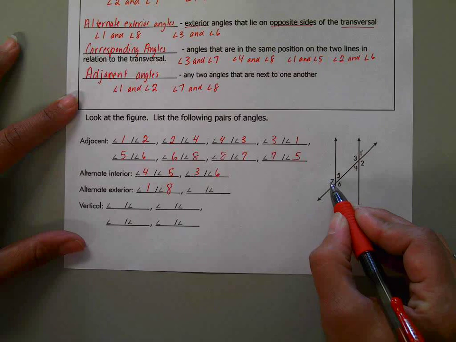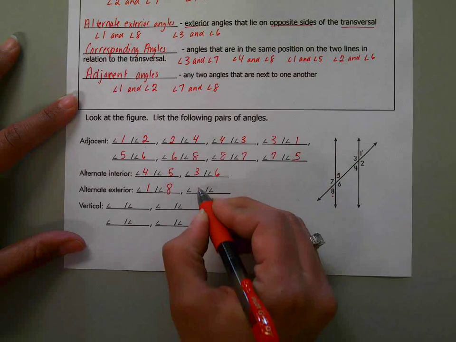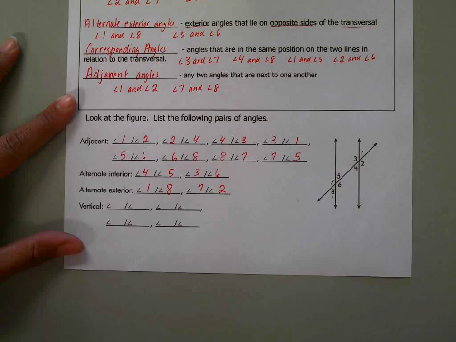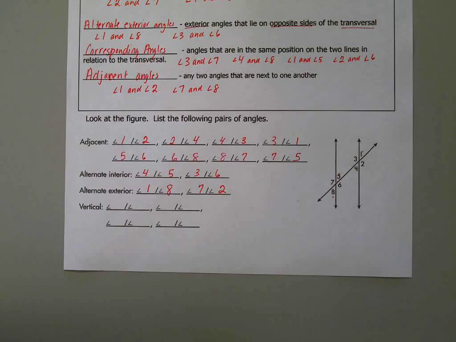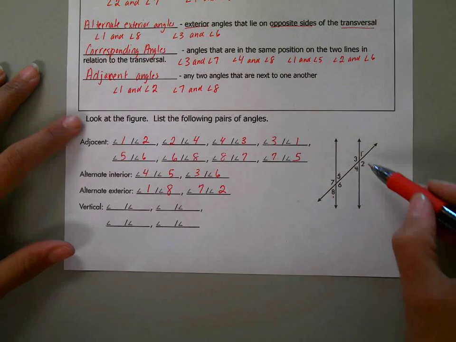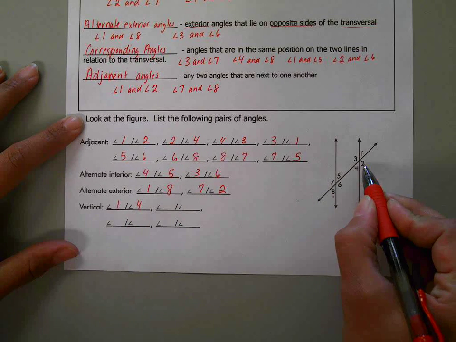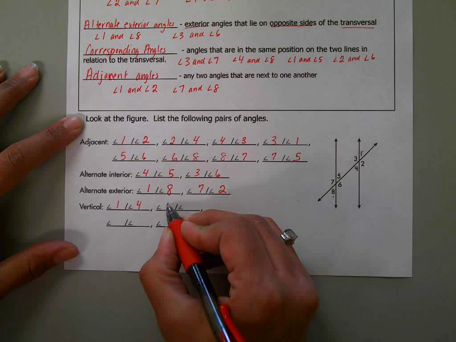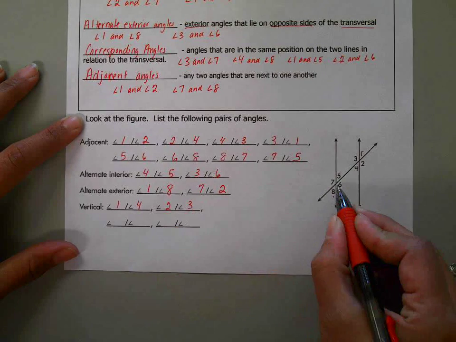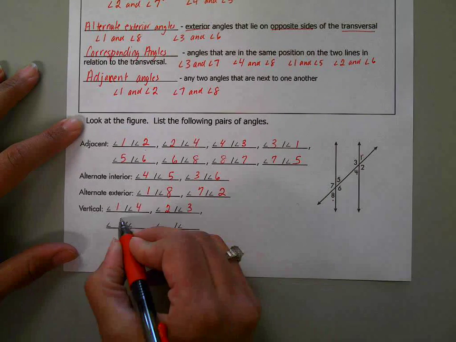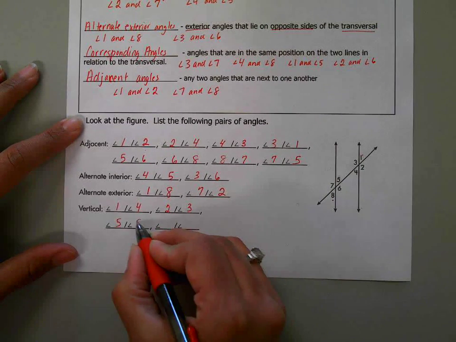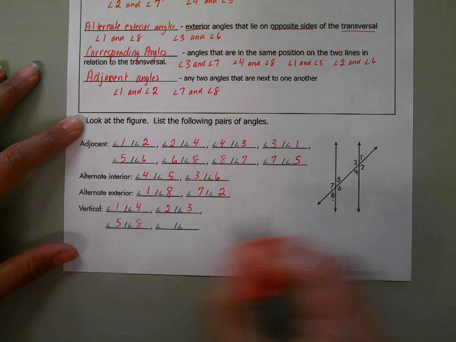And angle 7 and angle 2. For the vertical, we have several vertical angles. We've got angle 1 and 4, angle 2 and 3, angle 5 and 8, and angle 6 and 7.